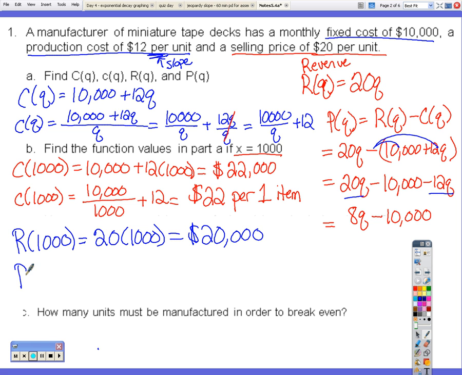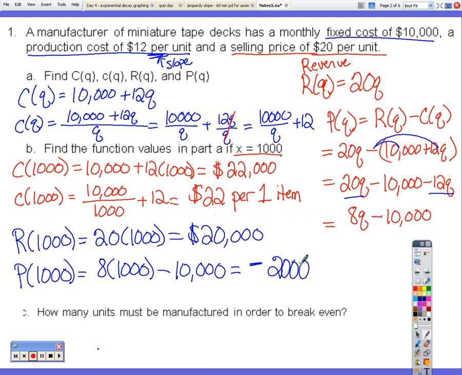And for the profit, it's 8 times 1,000 minus 10,000. In that case, we get a negative $2,000. So that means we'll actually lose money if we only sell 1,000 mini tape decks.